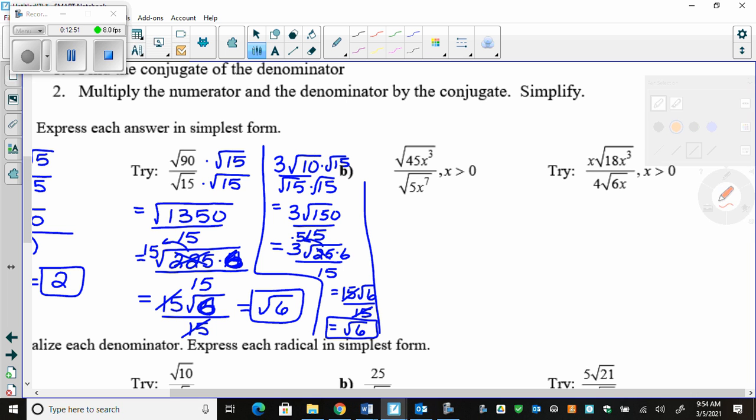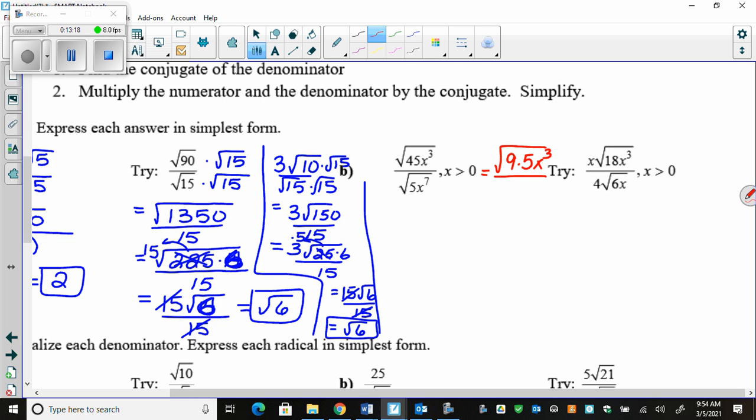All right. So this one, we have root 45x cubed over root 5x to the 7. That's my problem. Do I want to reduce the 45x cubed first? I might want to, because I don't like the really ridiculously large numbers. So I'm going to reduce it first. So 45, I can break down into 9 times 5 and the x cubed, right?